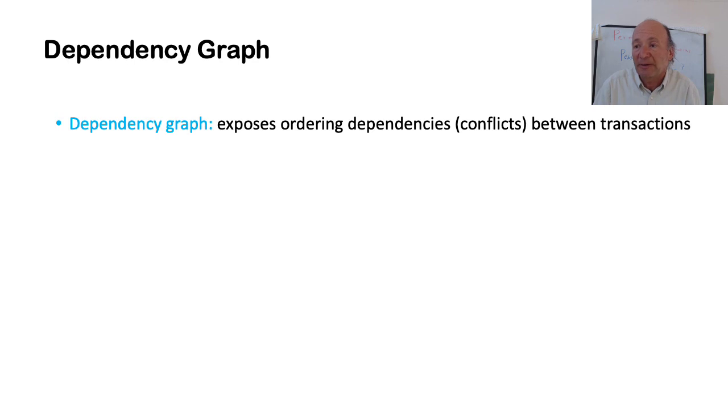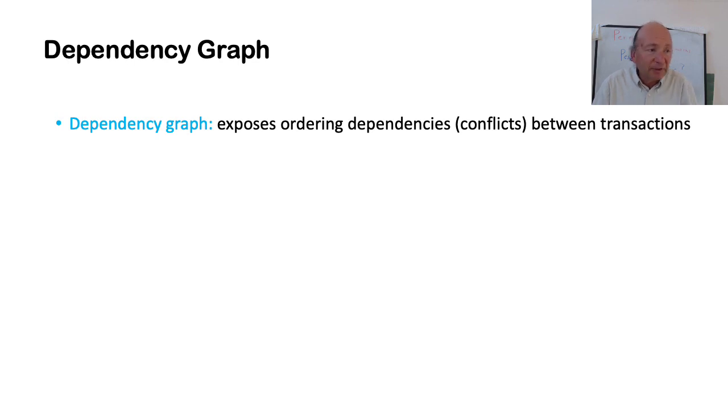What you've noticed I've been alluding to is that if we can capture the order in which the reads and the writes by the different transactions are being issued, we can actually take advantage of this to improve performance. And this is a notion that we are familiar with in databases, which is a serialization or a dependency graph.